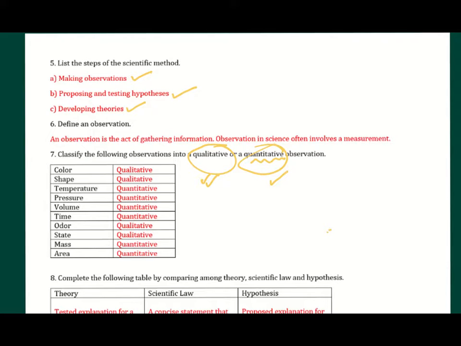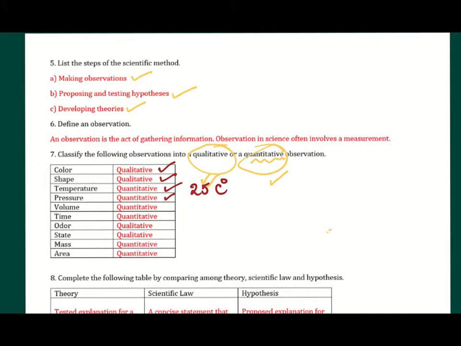So here, color is qualitative, shape is qualitative. Temperature: I can say the temperature today is 25 degrees Celsius, so this is a quantitative value. Pressure, quantitative.